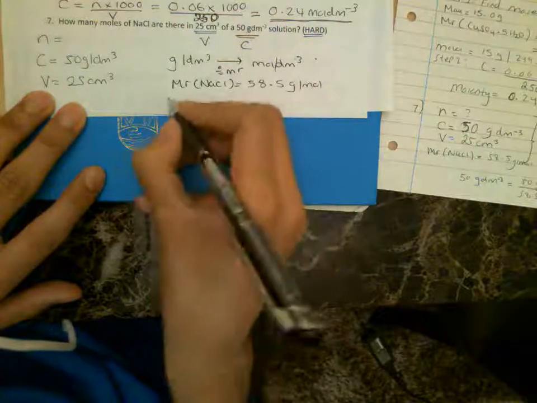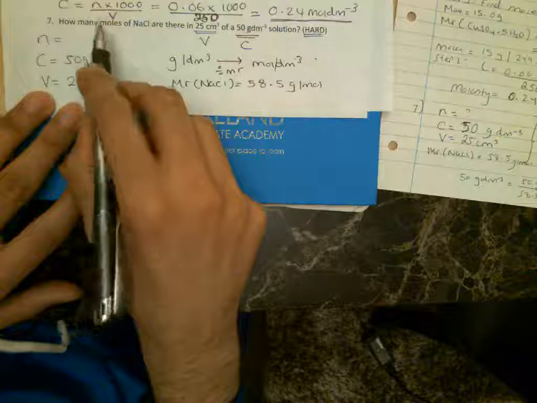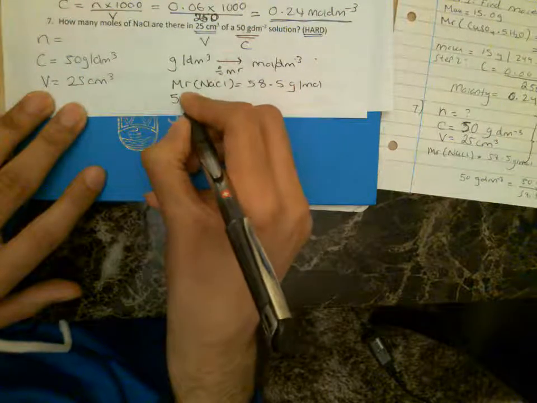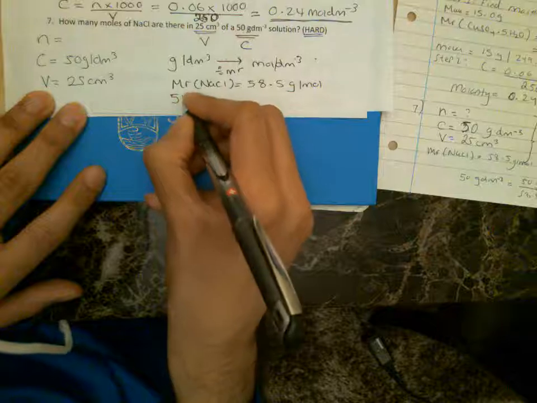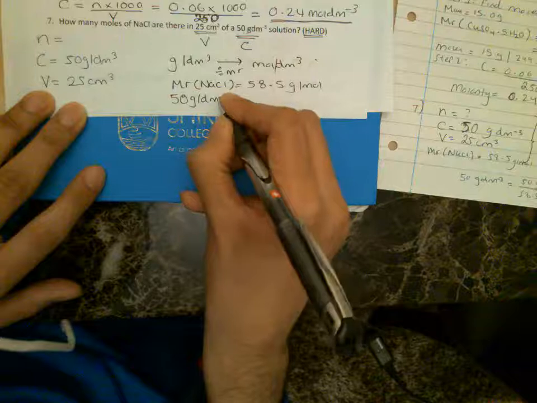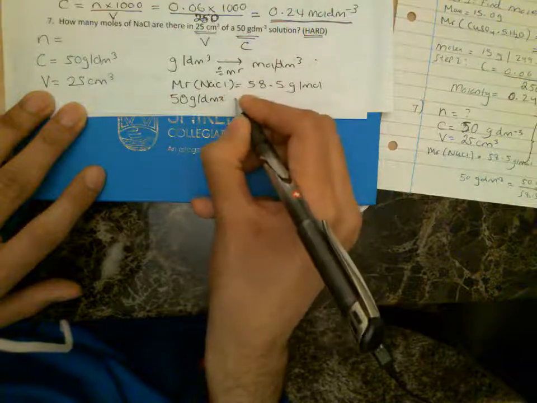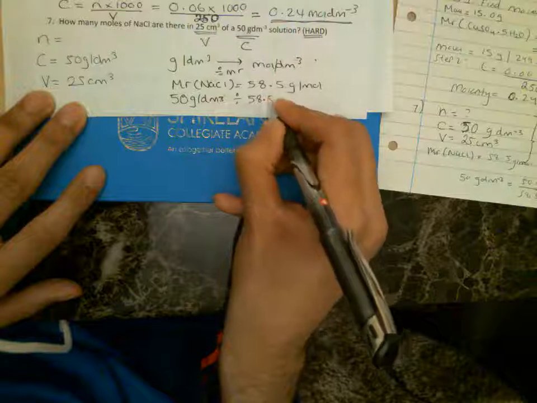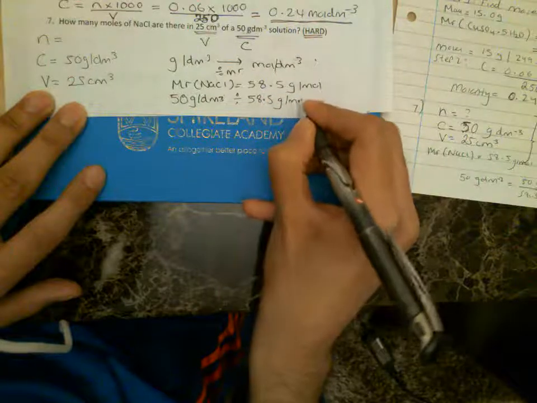So all we have to do now to find the concentration in terms of moles per decimeter cubed is do 50 grams per decimeter cubed divided by 58.5 grams per mole.